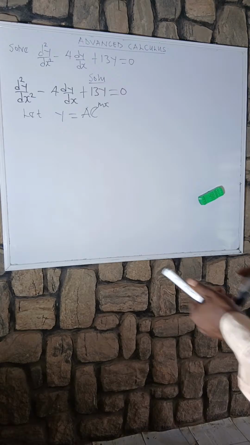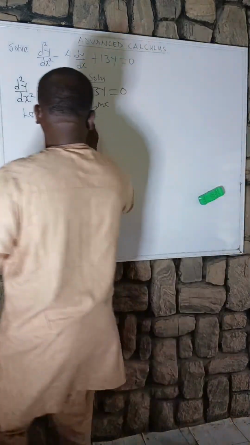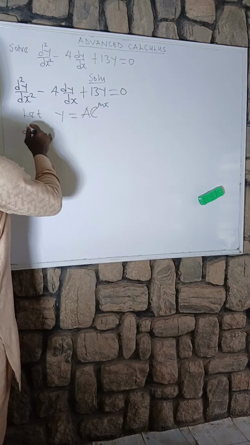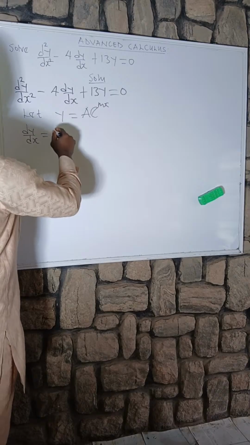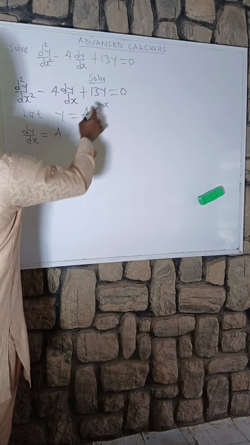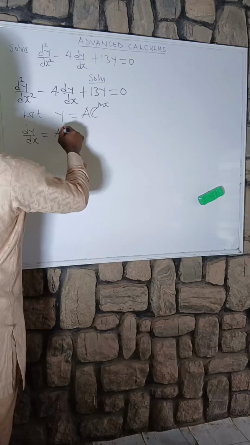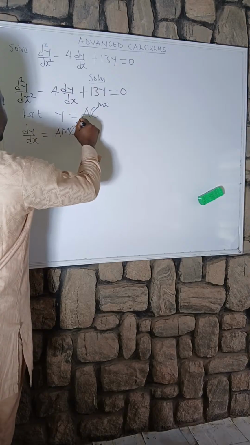So we have to differentiate this function twice. Our dy over dx gives us a m exponential mx.